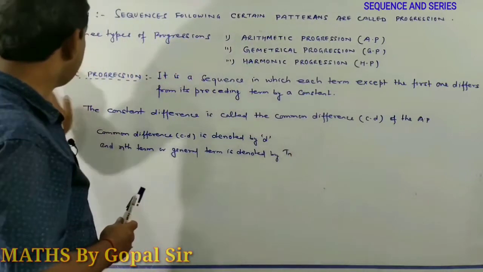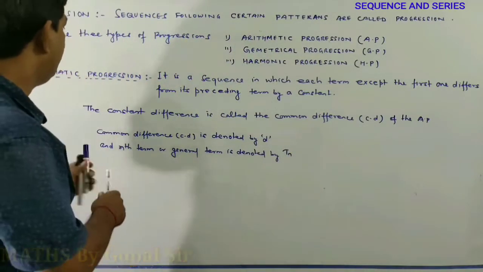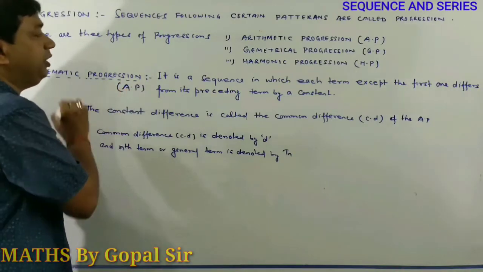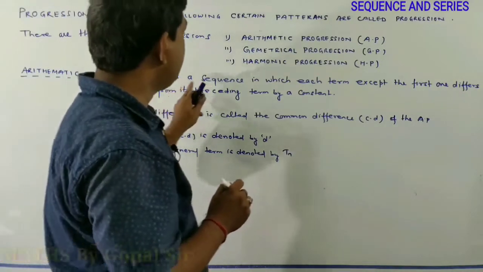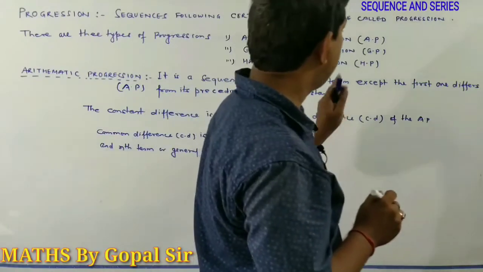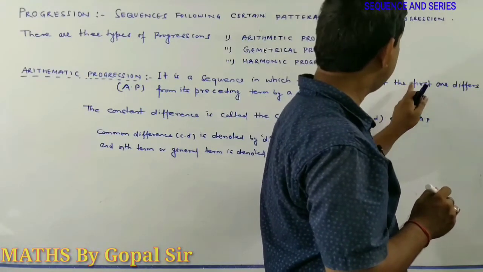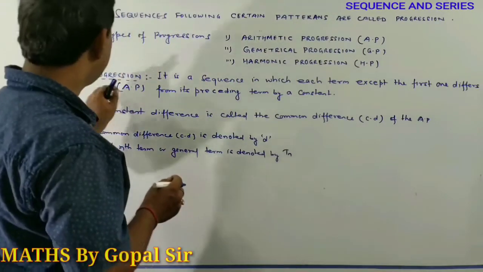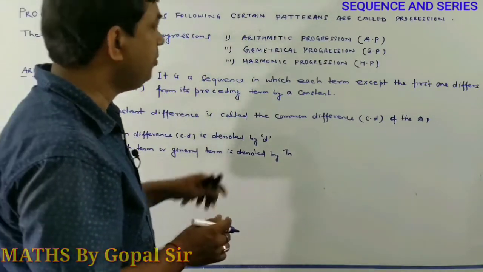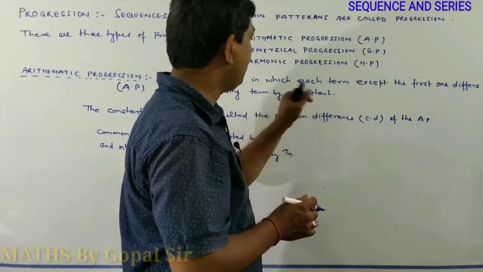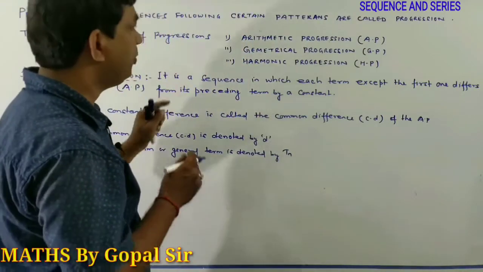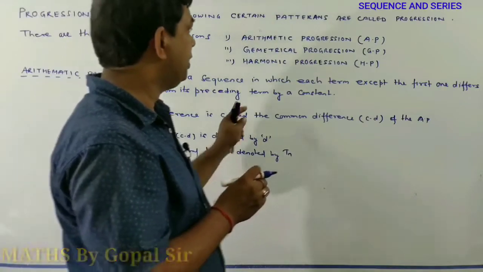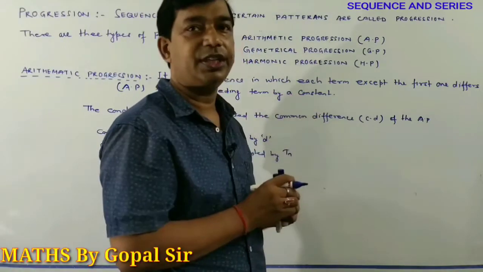First, arithmetic progression, AP. It is a sequence in which each term except the first differs from its preceding term by a constant.